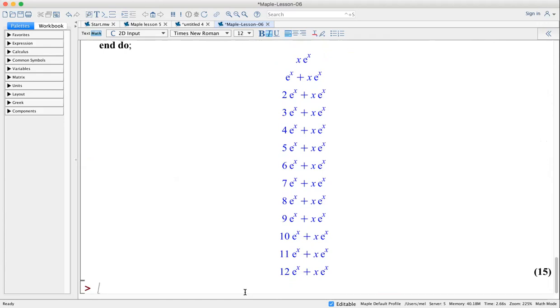Now, the command D is used to differentiate a function, say D of f.